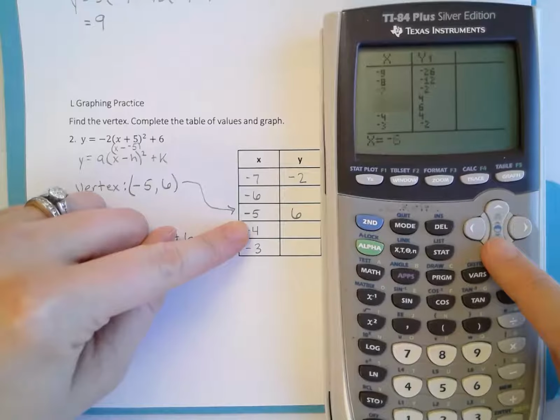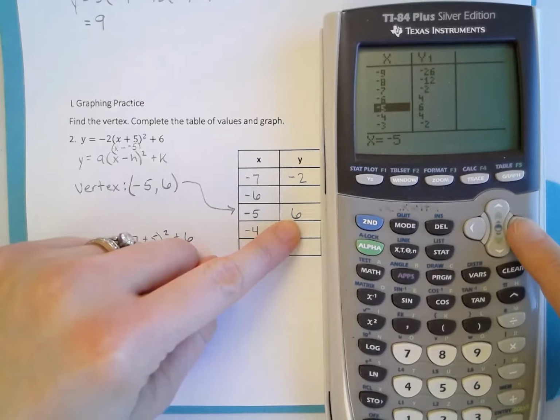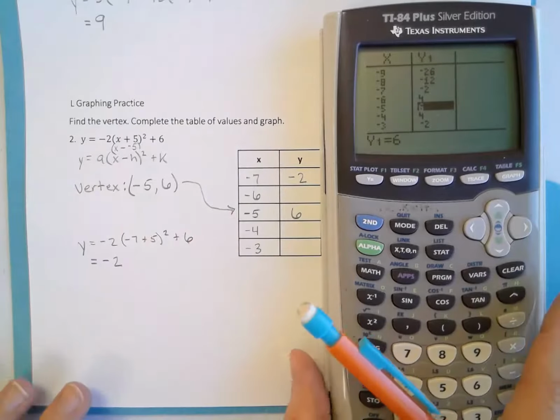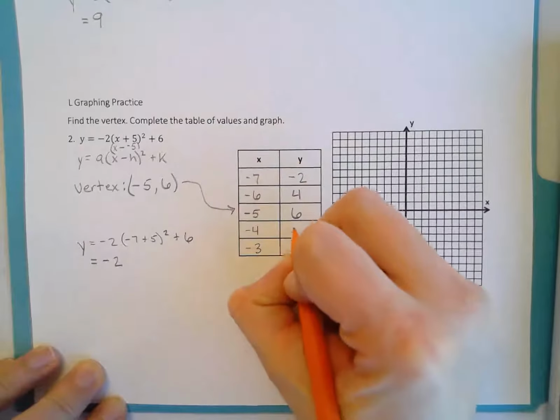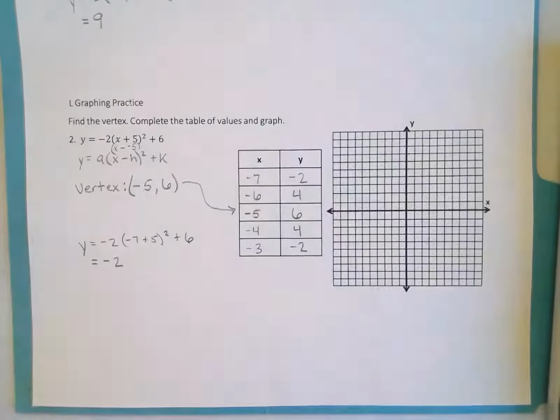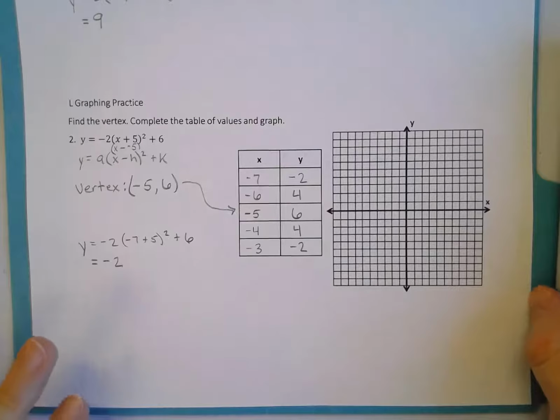Notice the vertex is the same as what we solved for, and then copy the other values from your table. Plot these points to graph the parabola.